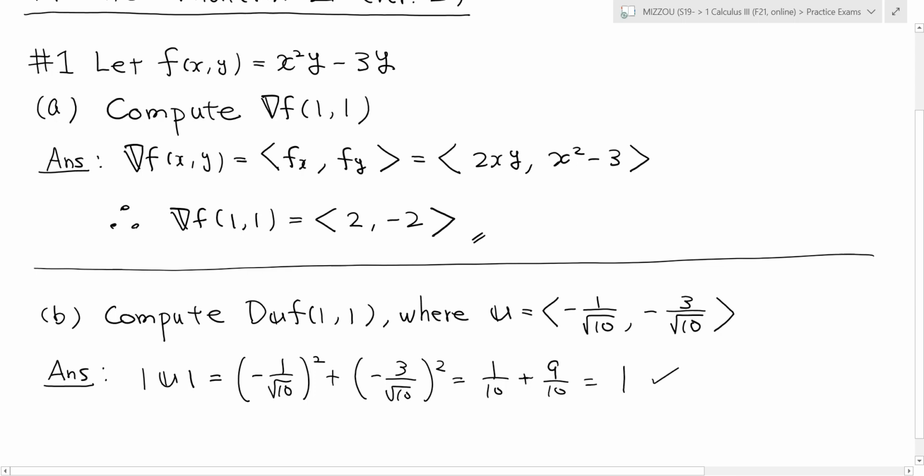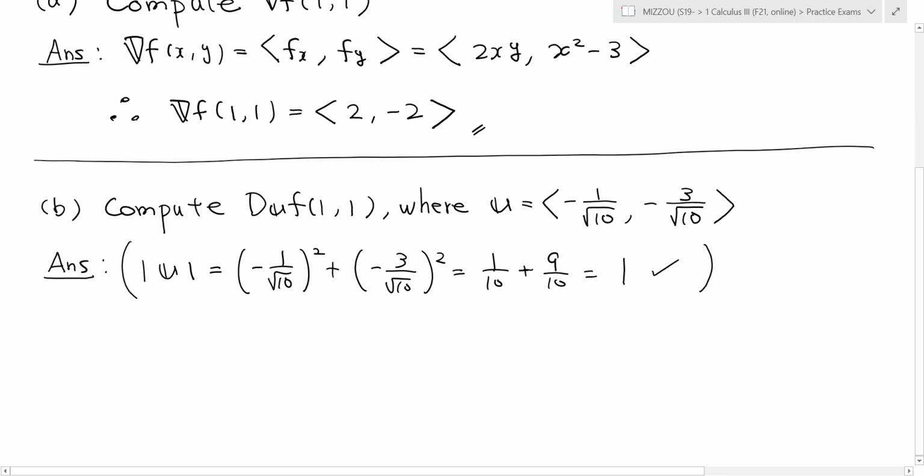So indeed u is a unit vector, but you don't really have to write it down. You may just assume that this is a unit vector if the problem is given in this way. Anyhow, let's just compute the directional derivative.